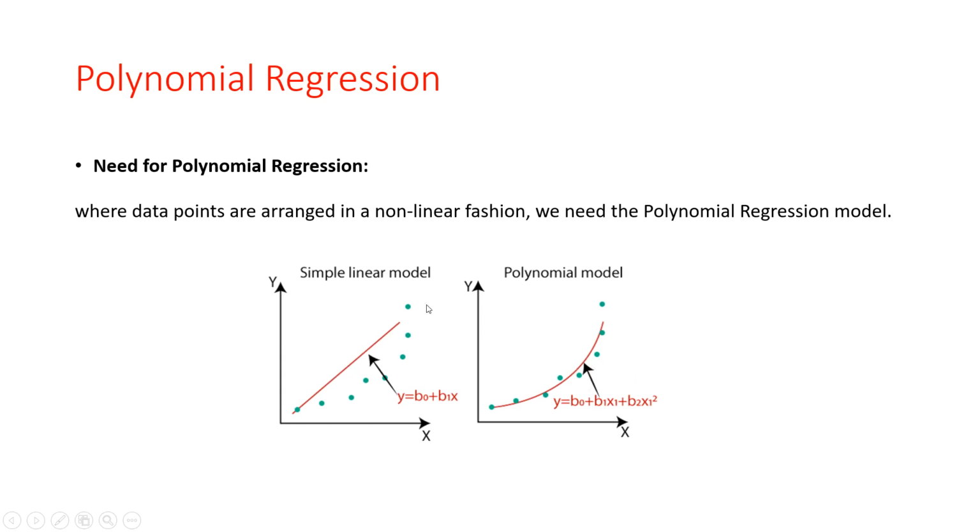If you use the linear model, some data points are lost from the regression line, but if you use the polynomial model, all the data points are placed on the line. So if the data sets are arranged in a non-linear fashion, we should use the polynomial regression model instead of the simple linear regression model.